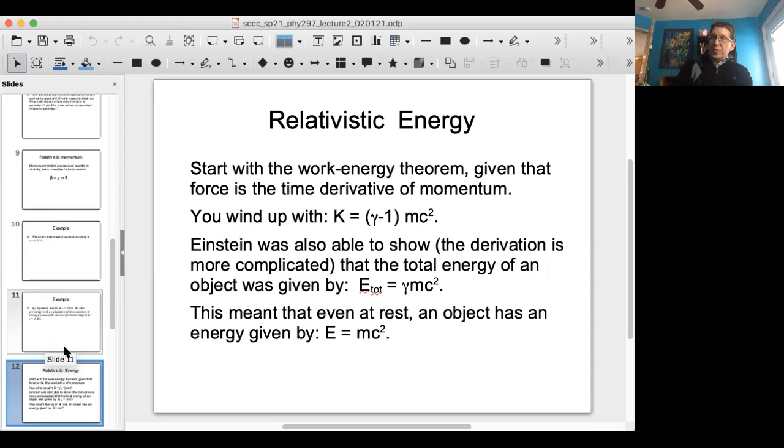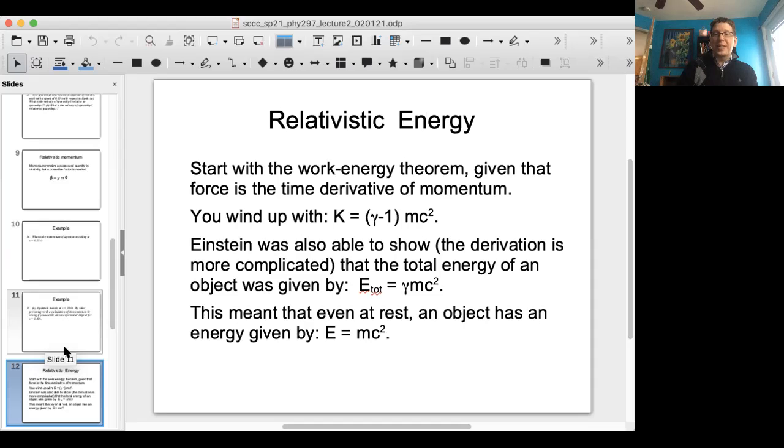In order to conserve the location of the center of mass, you must be able to treat the photon that moved as having an equivalent mass equal to E over c squared. So the idea of equating energy to mc squared starts with that.